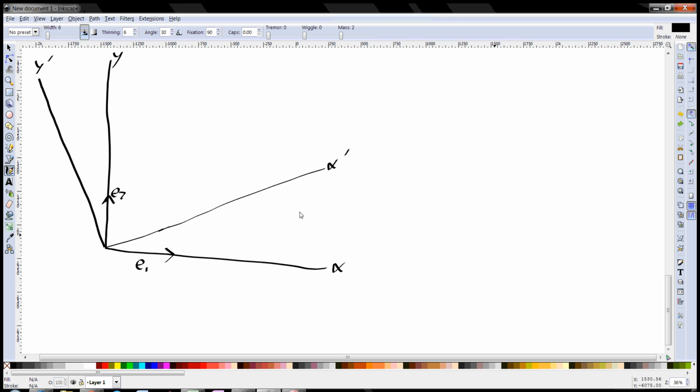So here we are again with our rotated axis just like before, and we need a way to describe E1 prime and E2 prime, which are now along these new axes.